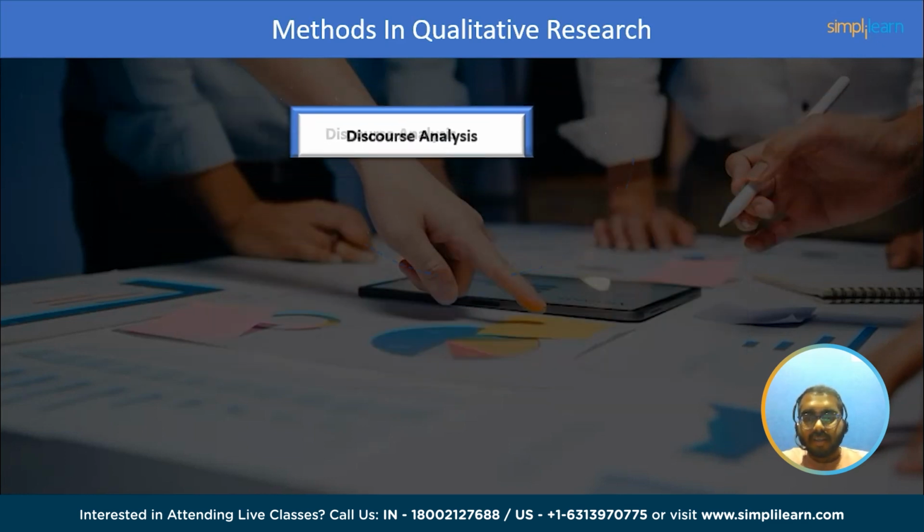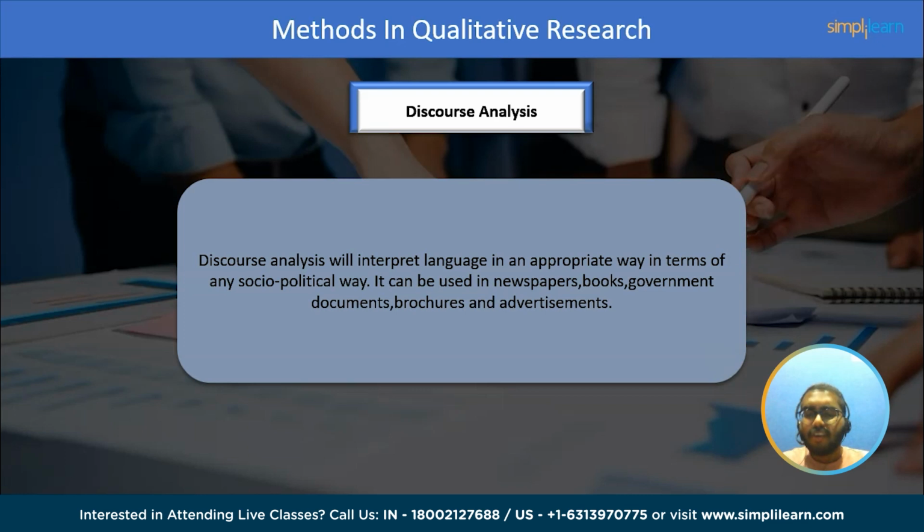Next, let us discuss what is discourse analysis. The study of written or spoken language with its social context is done using the research method known as critical discourse analysis. It seeks to comprehend how language is applied in practical context. Now, discourse analysis will appropriately interpret languages in terms of any socio-political way. They are used in both primary as well as secondary data.